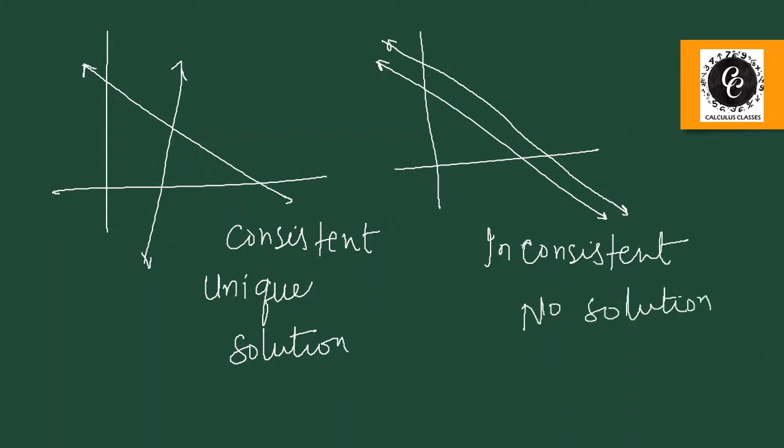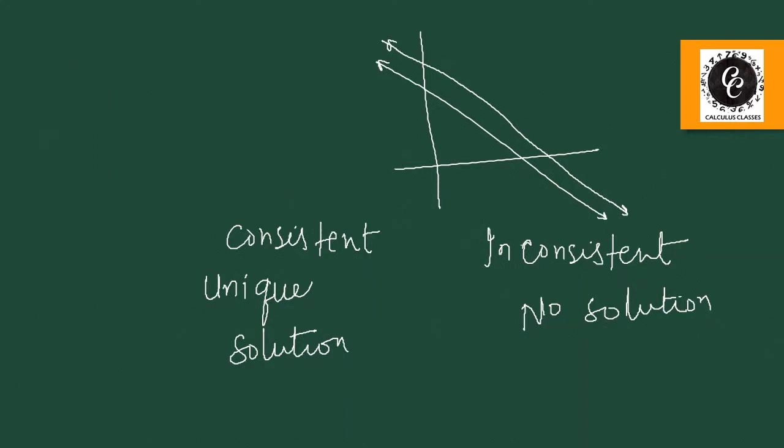And if you find coincident lines, that means one line over the other. So I'm taking a different color. Suppose I drew this first line with white color, and the other line I'm drawing with this yellow color. See here, these two lines are coincident lines.